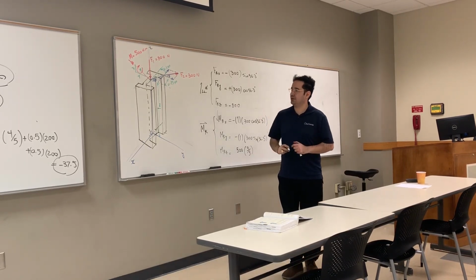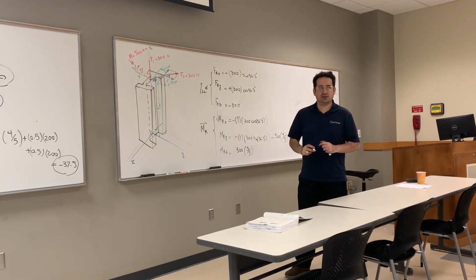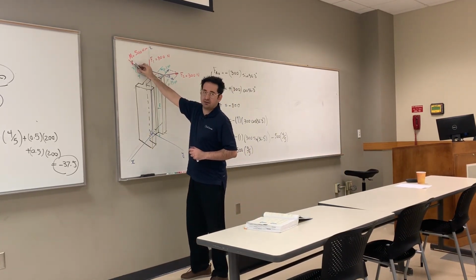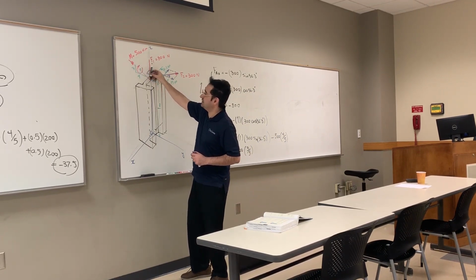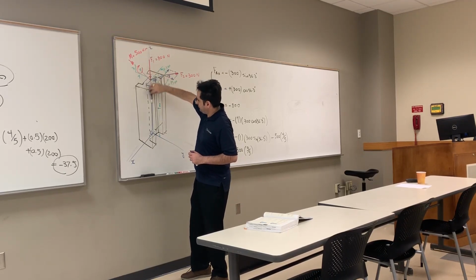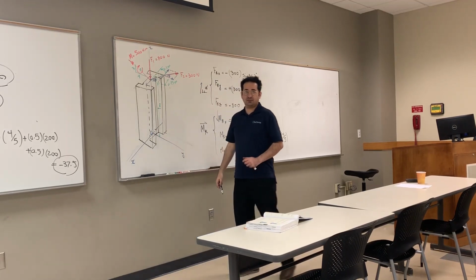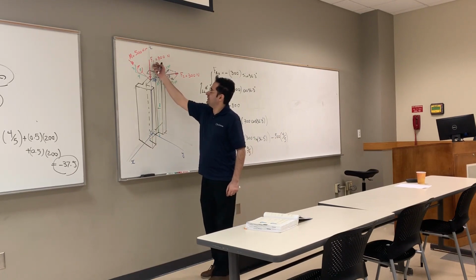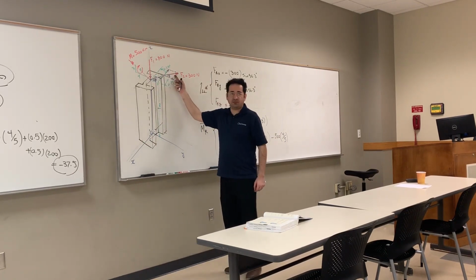Positive or negative? Positive. You see the arrowhead is here, so when you project it, it goes up. If this was going down, the projection would give you a negative, but this is positive. So we got rid of these two. Now let's solve this.